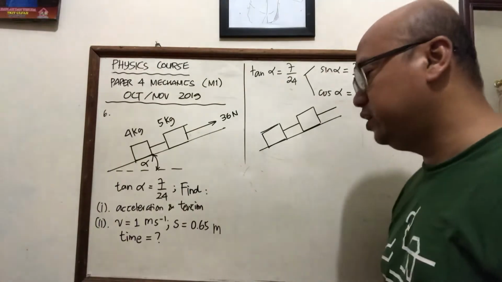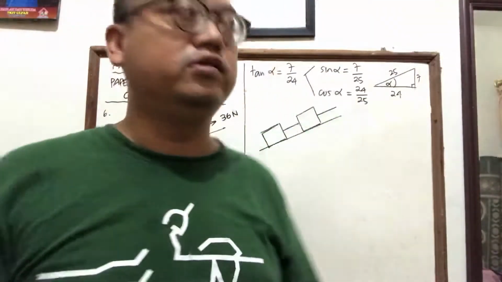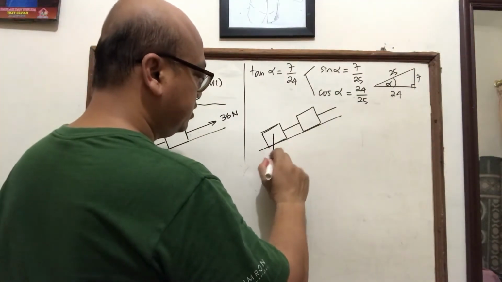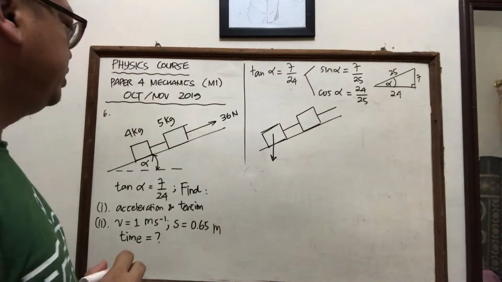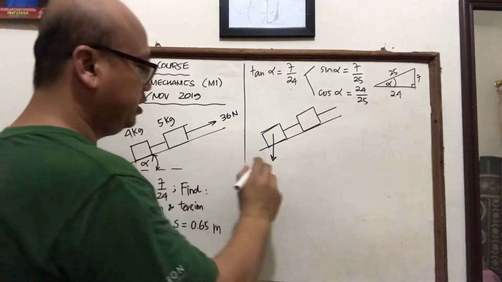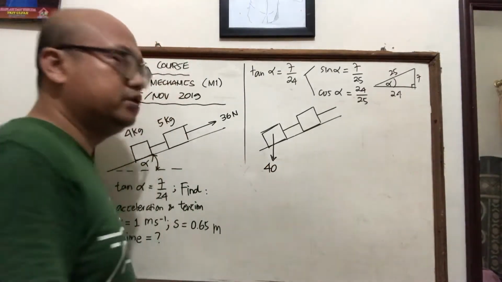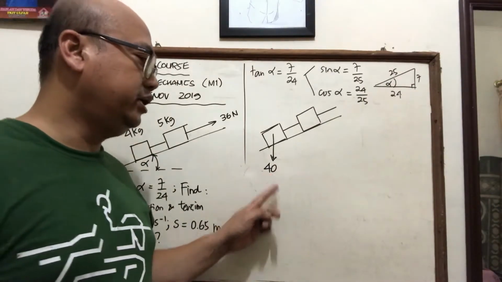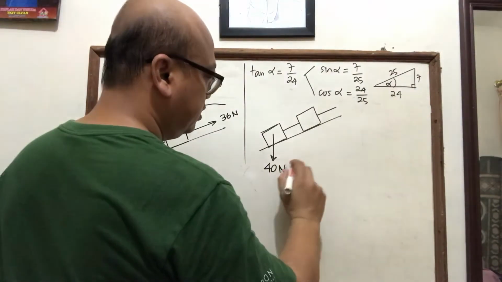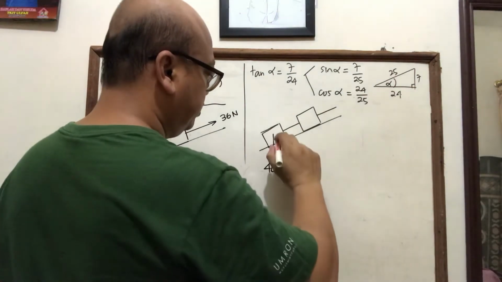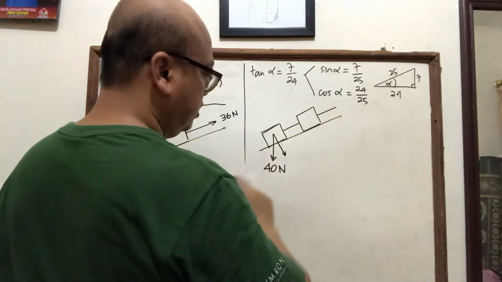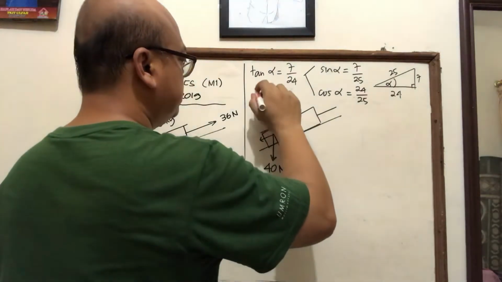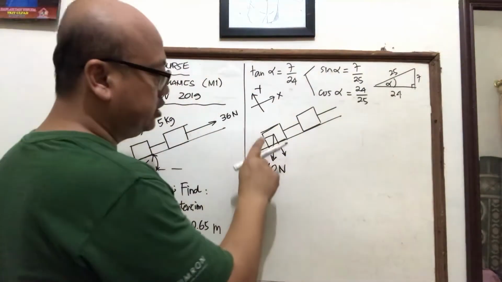Now we draw the forces acting on this object. We have mass here, so mg for 4 kilograms; let's say gravitational acceleration is 10, so we get 40 Newton. Let's say this is the x axis and this is the y axis.